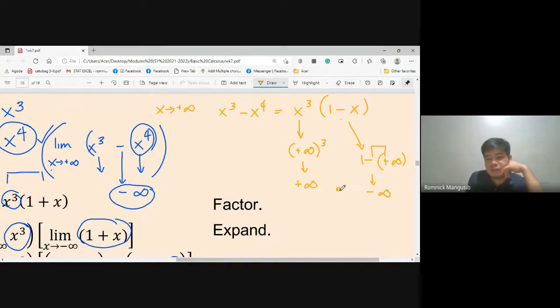O multiply mo sila. What will prevail? Negative infinity. Or by inspection itself, kitang-kita mo that x cubed is less than x raised to 4. So if these two both decrease, which among these two decreases the faster? This one. Or if both increase, which among them increases the faster? So parang ganun ang ibig sabihin.